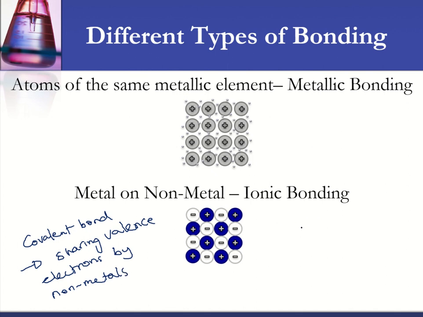You'll also need to remember how to write the name. So you also need to know how to name a covalent compound. And to name a covalent compound, you need to know the relevant prefixes. So keep that in mind.